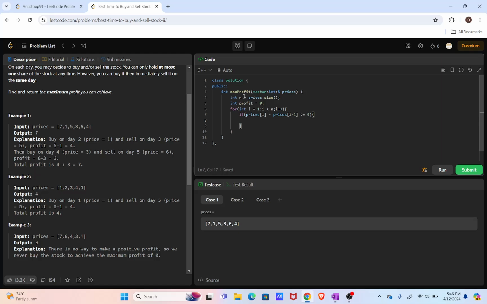If it is continuously increasing, then profits will be added in chunks. Or if there is a trough after the increase, then we'll get additional profit. So we can just add to profit prices of I minus prices of I minus 1. I think that's it. Return profit.